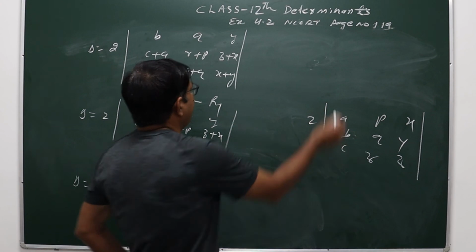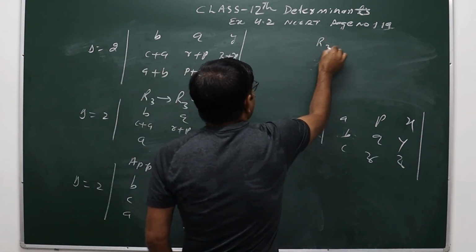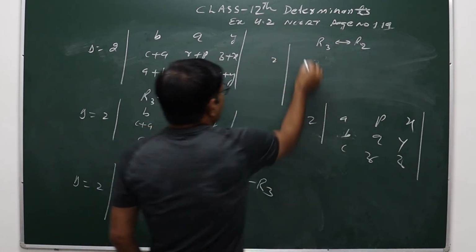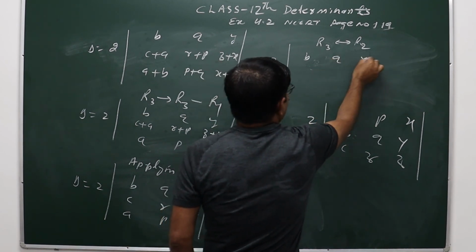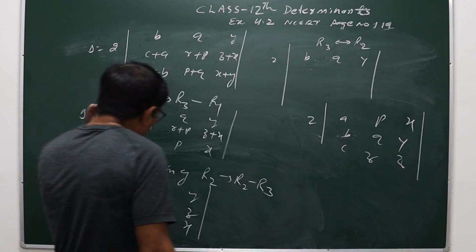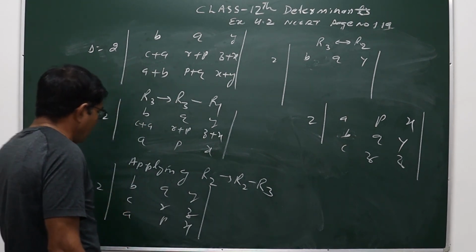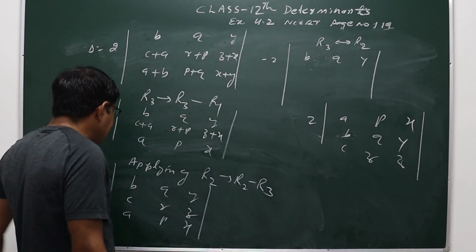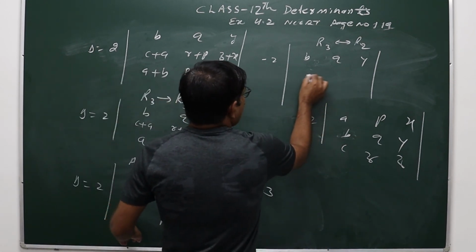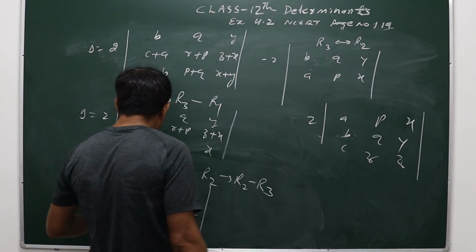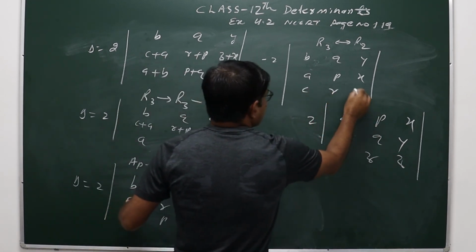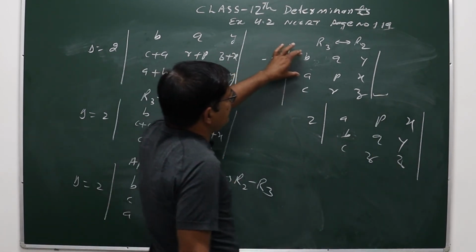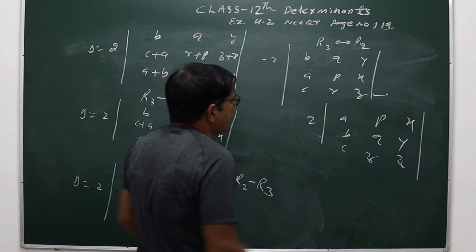So first we apply R3 interchange with R2. First, twice as it is; the first row we wrote as it is, BQY, and I am writing the second row in place of the third row and the third row in place of the second row, so a minus sign will come outside because if any row or column is interchanged, then the sign will change. So the second row will be APX and the third row will be CRZ.